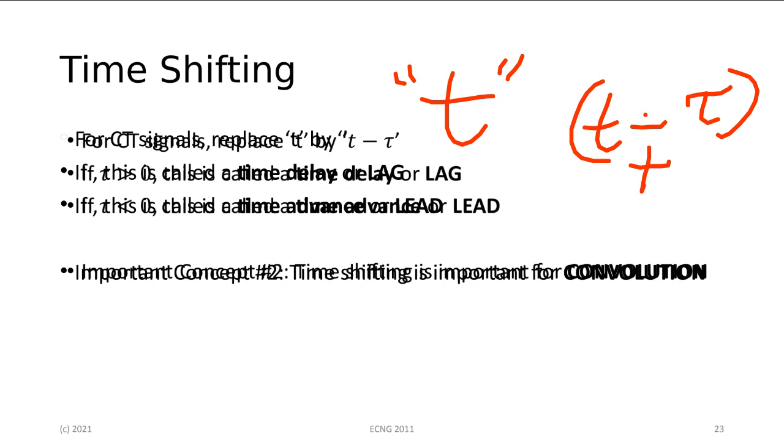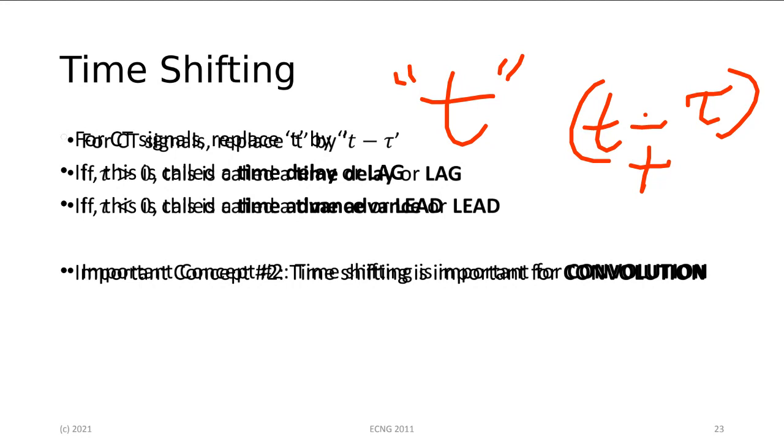And I'm sure somewhere along your work so far you would have encountered lead and lag in your circuit theory, I believe it was. Like phasors, some phasors lead and lag and so on. And this is also the second important concept for convolution.